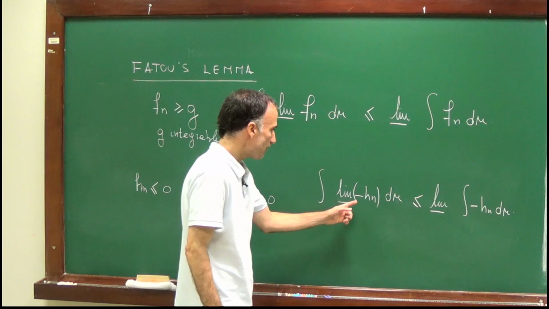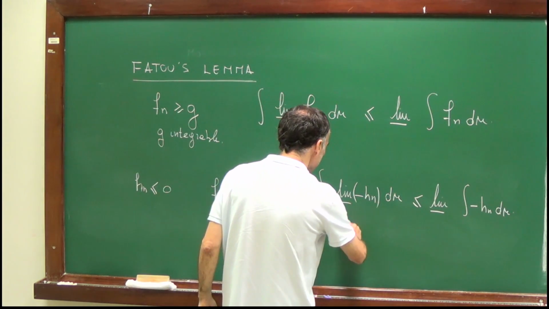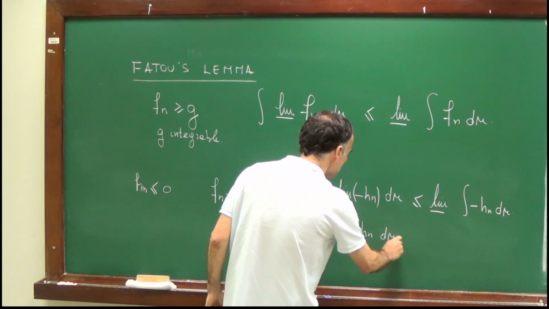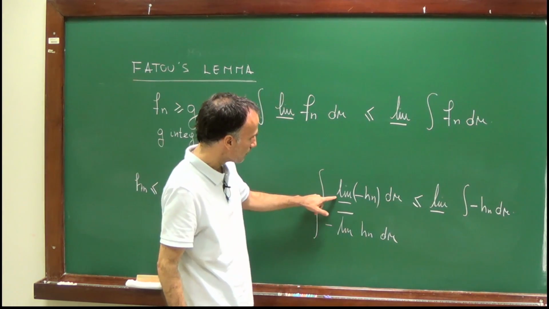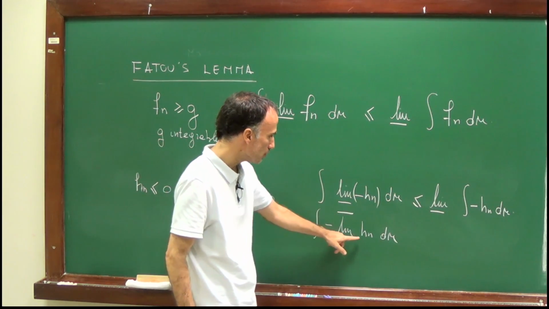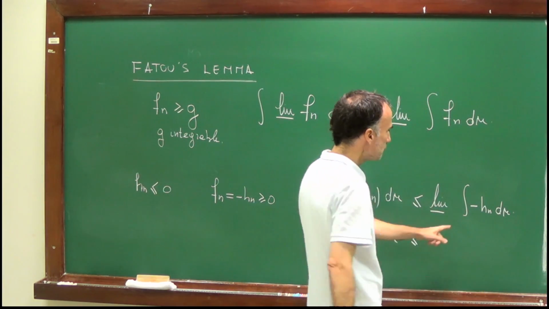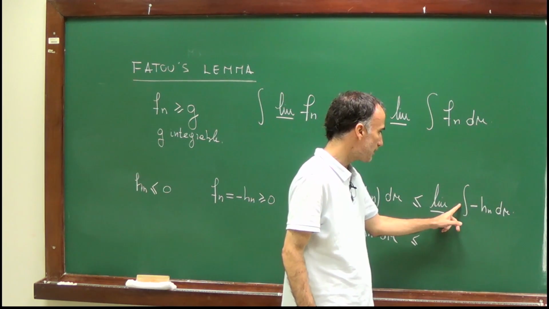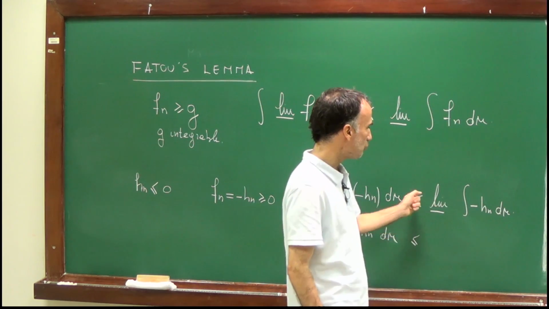Well, now let's use the fact that if you take the limit inf of minus hn, this is equal to minus the limit sup of hn. So here I'm just saying that the limit inf of minus a sequence is equal to minus the limit sup of this sequence. And here I'm using the linearity to take out from the integral the minus sign, and then again using that the limit inf of minus something is equal to minus the limit sup.